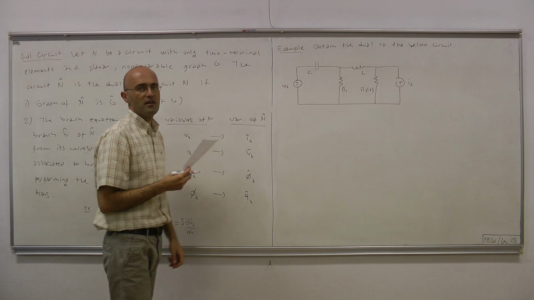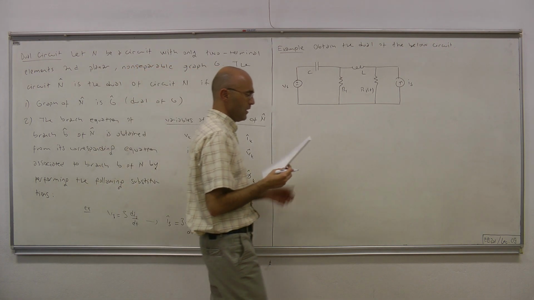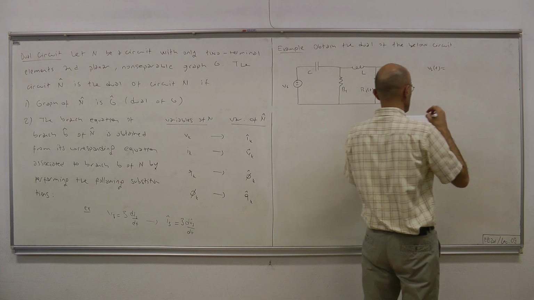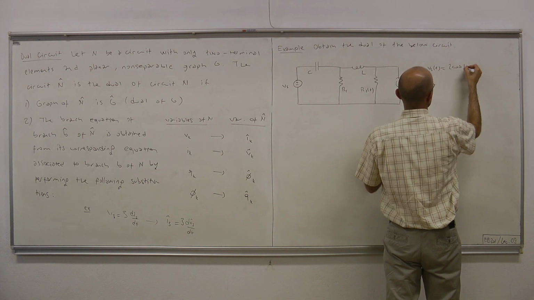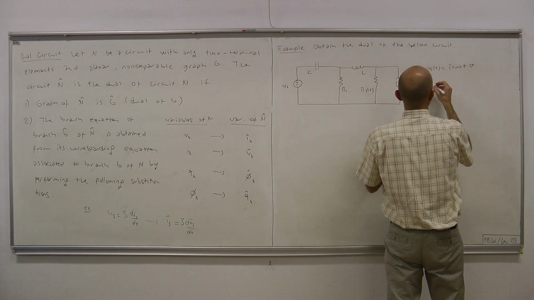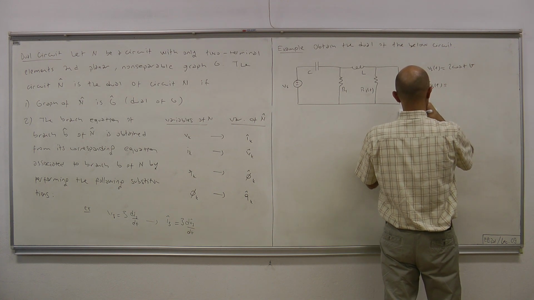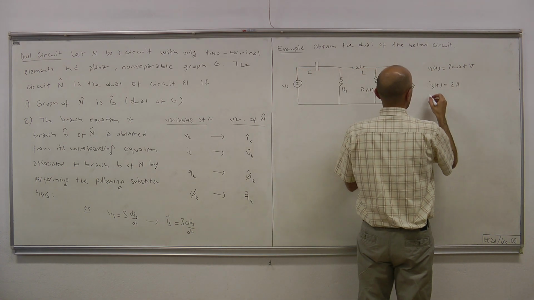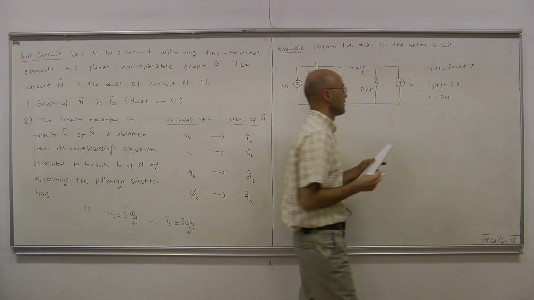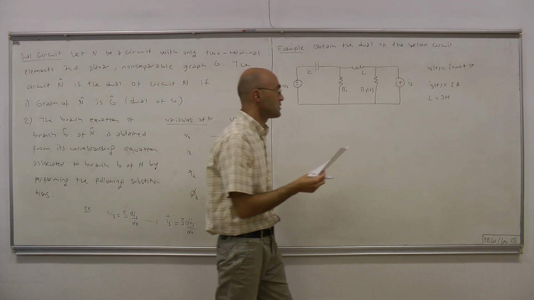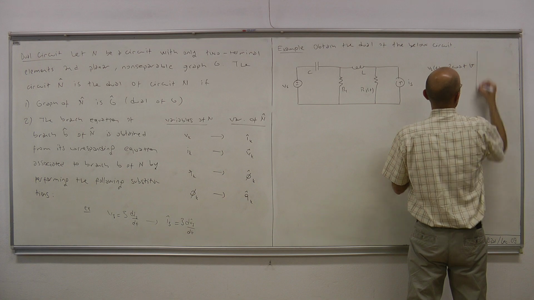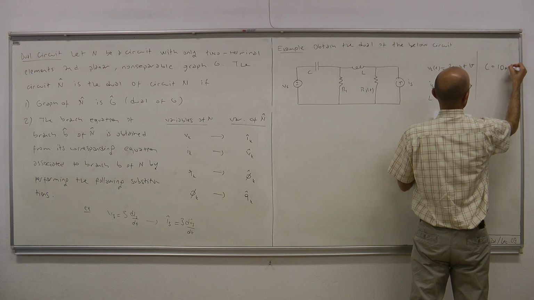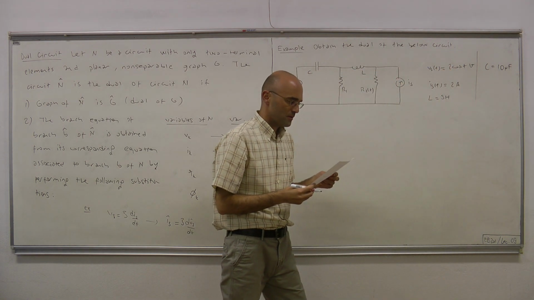And here we have an LTI inductor with inductance L. We are also given that Es(t) is 2 cosine t volts. Is(t) is constant, 2 amps. L, inductance, is 3 henries. And the capacitance is 10 microfarads.